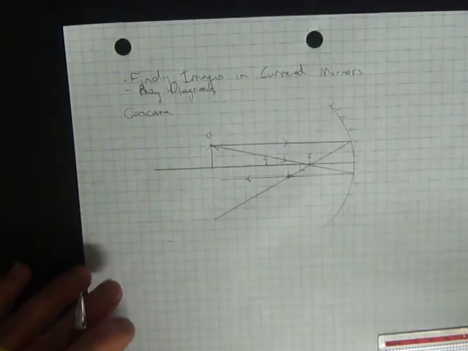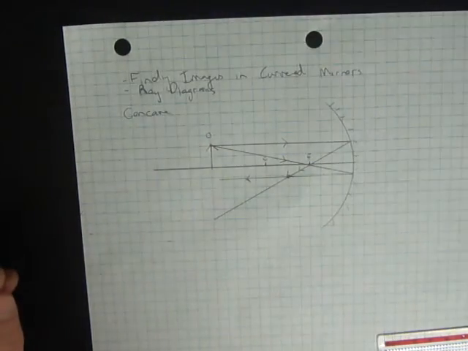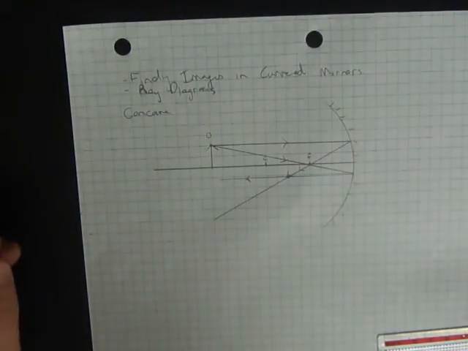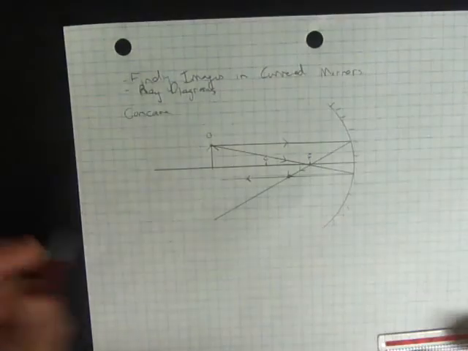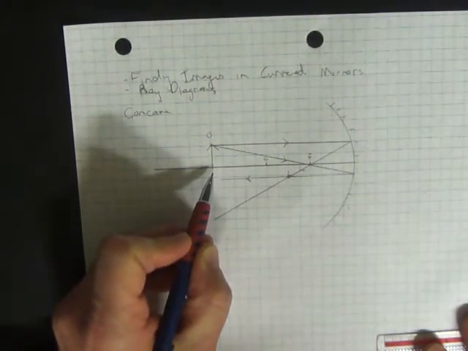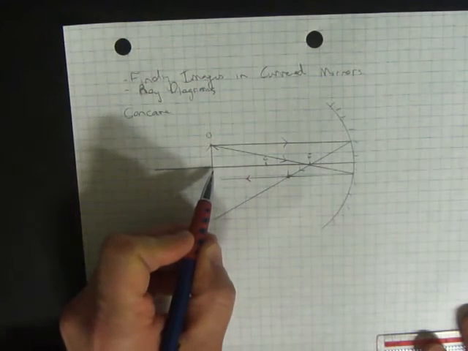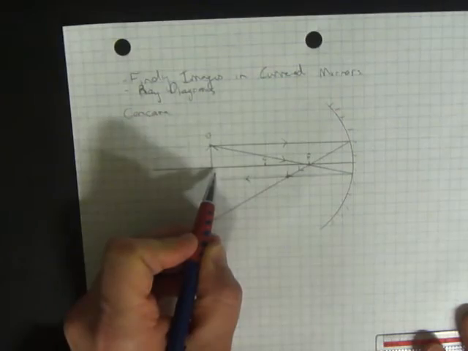Now, when we did plane mirrors, we didn't have a principal axis. We found where the top of the arrow was, and we found where the bottom of the arrow was, and then we said, that's where the arrow is. Because the arrow is on the principal axis, not all rays, but a ray coming from it is going to hit the mirror and come straight back.